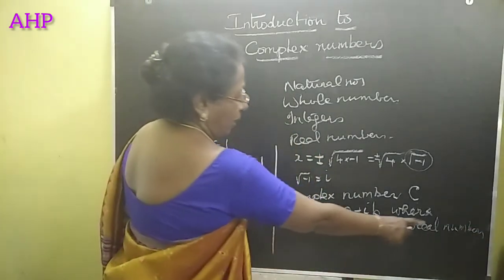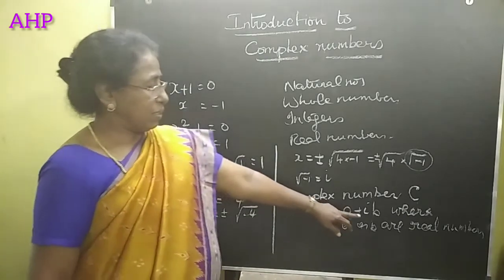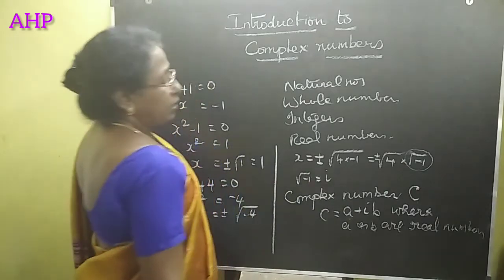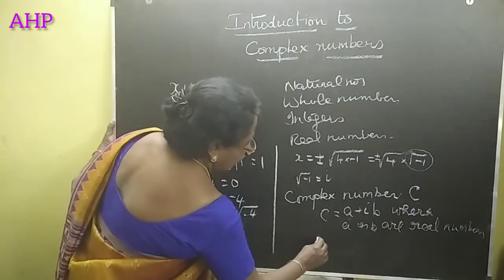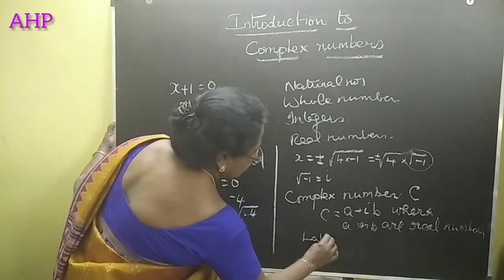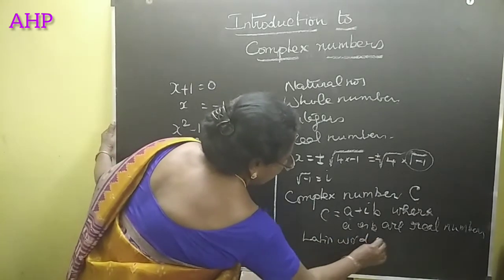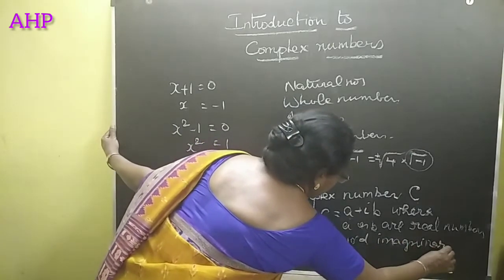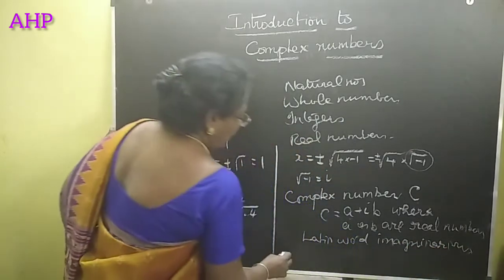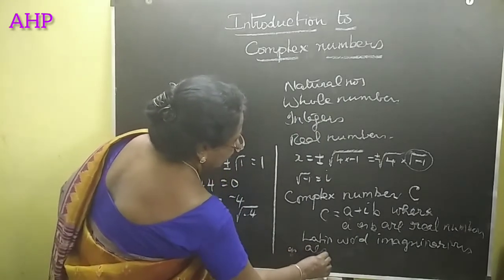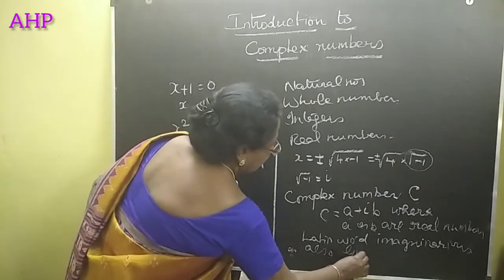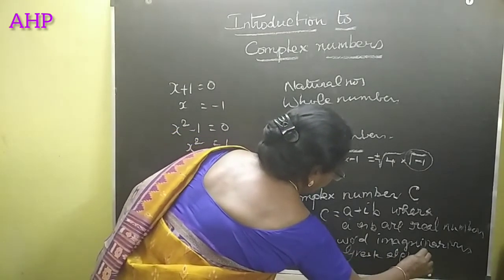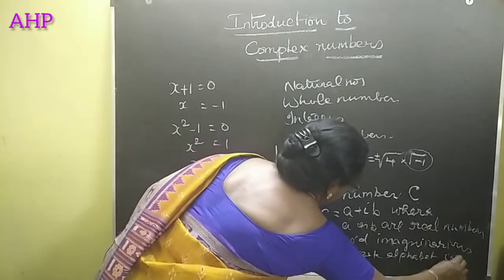Here i represents the first letter of the Latin word imaginarius, and also the Greek alphabet iota.